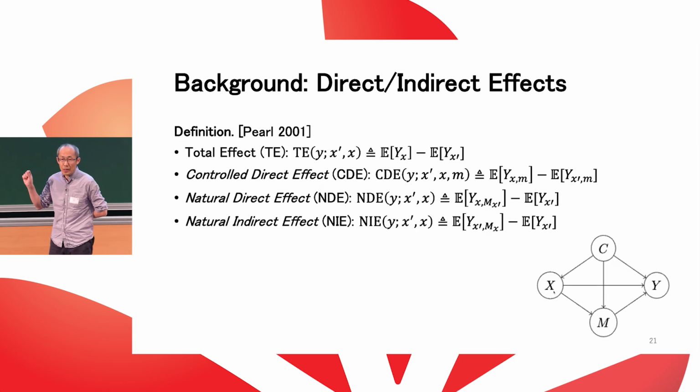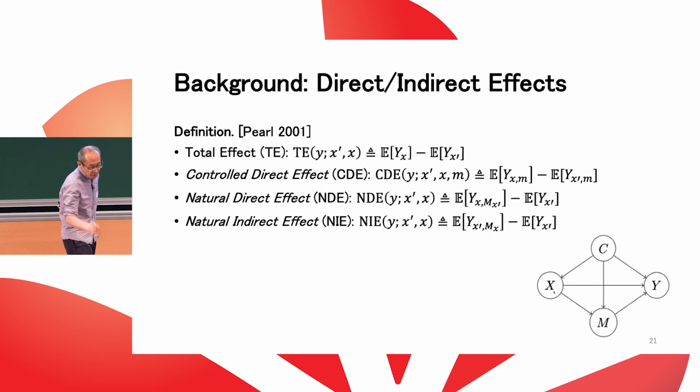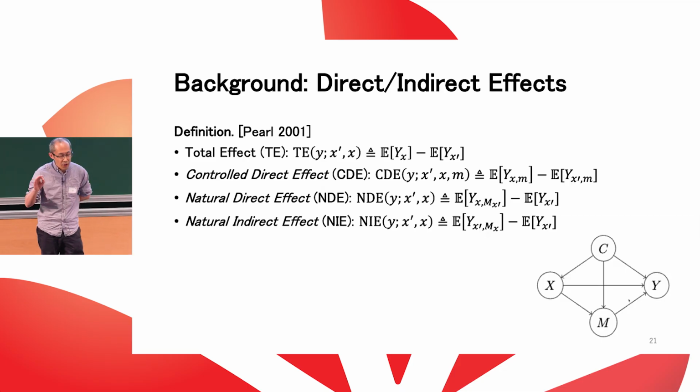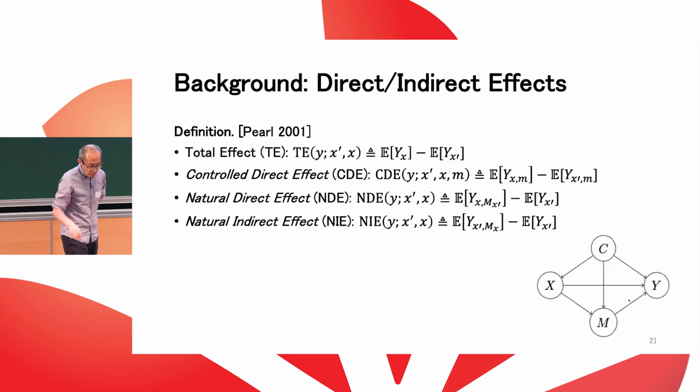You compute this difference. Intuitively, this says you keep x at x prime for the direct path, but you just change the value of m here. And this captures the so-called natural indirect effect.